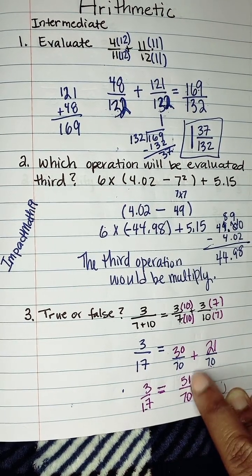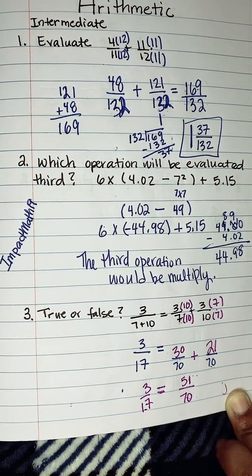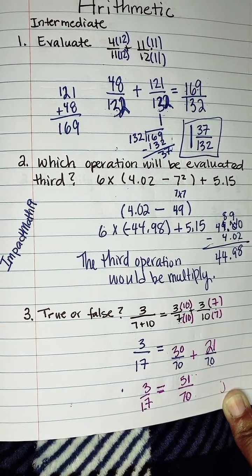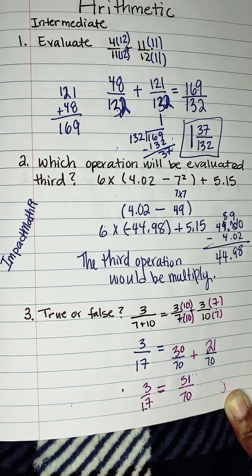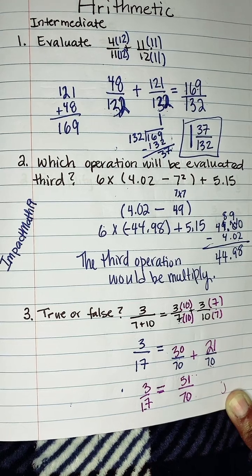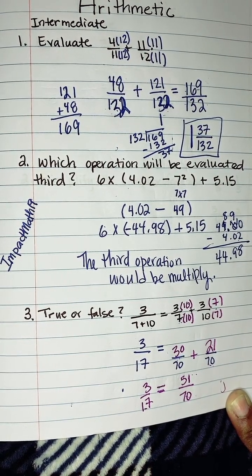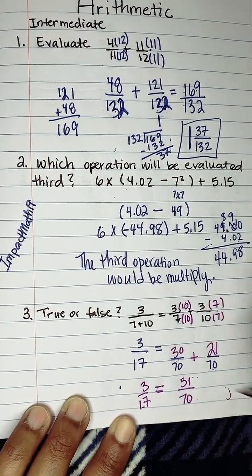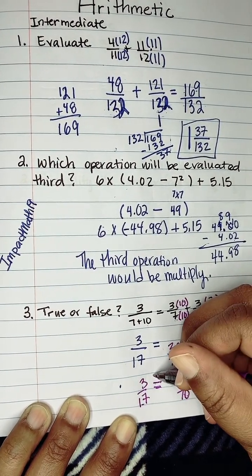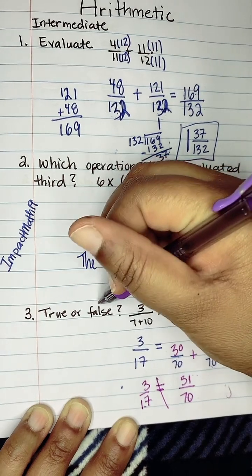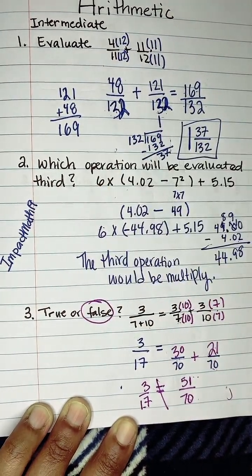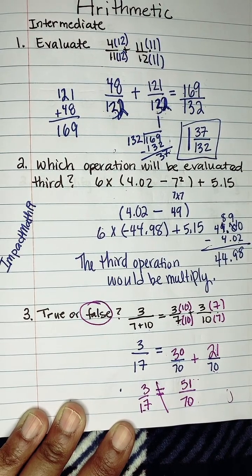Can this be reduced, you guys? 51 over 70? No? I think you said no. Perry said no. Okay, perfect. So Kevin, you were right. It is false. These are not equal.